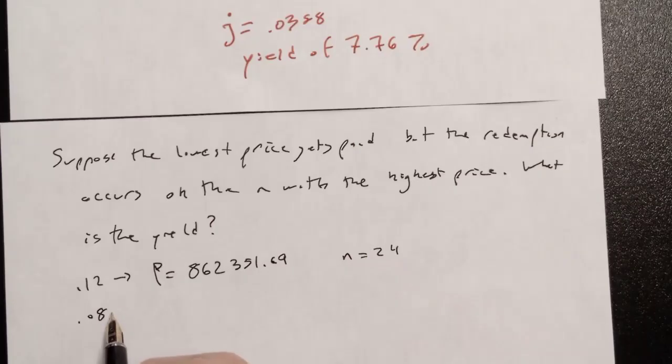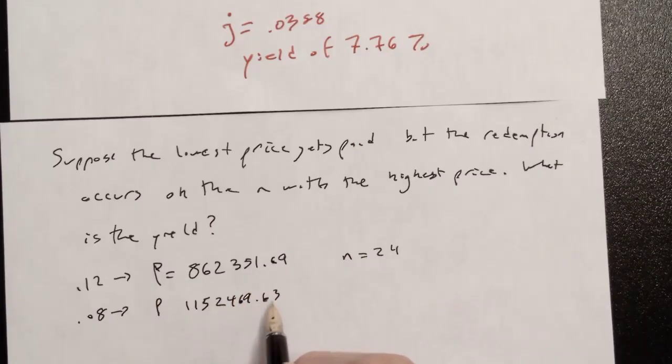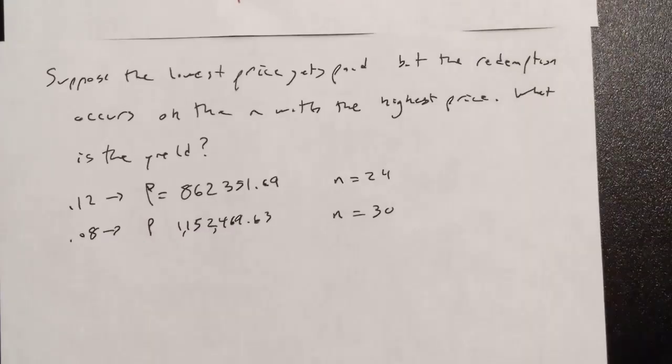In the 8% column, the lowest price is 1,152,469.63. That's the earliest, but we're redeeming the latest. So I just switched the two options here. Do the calculations this time.